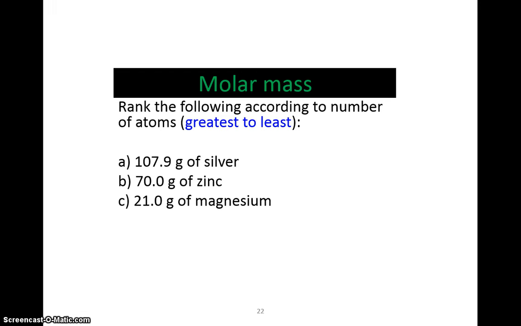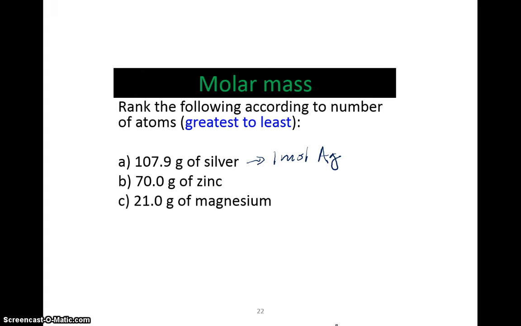Another question: rank the following from smallest to greatest number of atoms. Please pause the video and take a second to answer it. Okay, hopefully you realized you don't have to do much math at all for this. If you look at the values on the periodic table, we have about 1 mole of silver, because the molar mass of silver is 107.9 grams per mole.